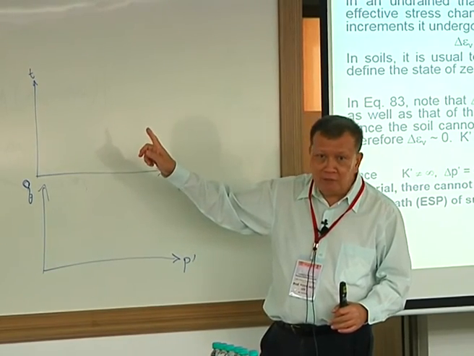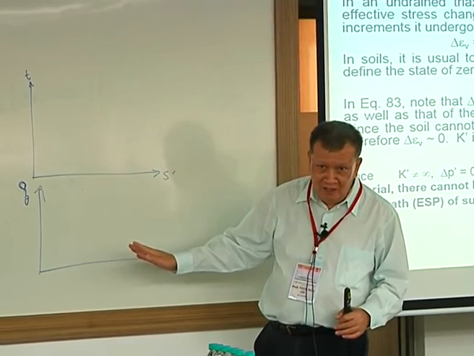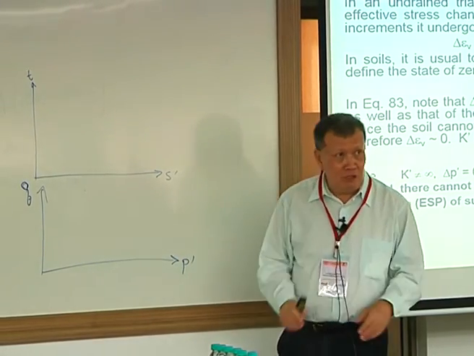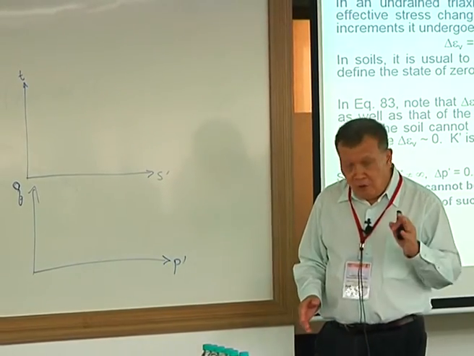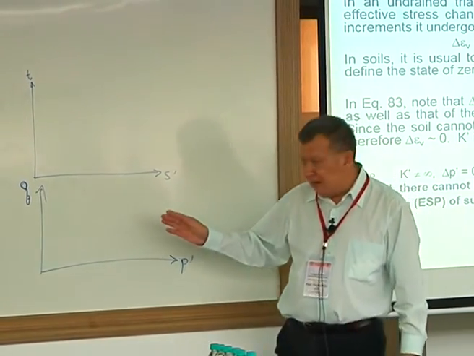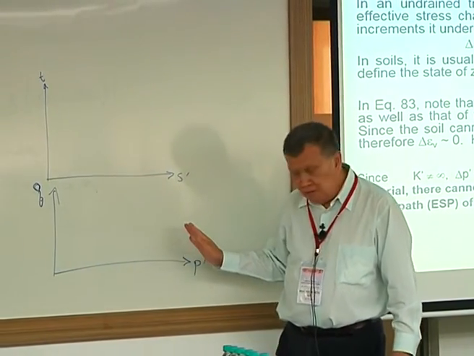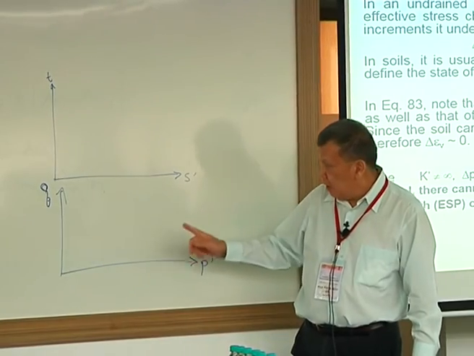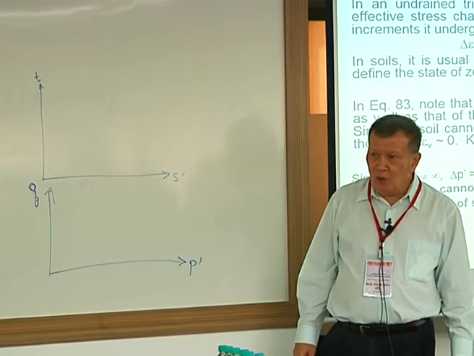That's the only path that will give you no change in P dash. Agree? Therefore, for a linear elastic material, the undrained stress path in terms of PQ, stress path parameter, is always a vertical straight line.